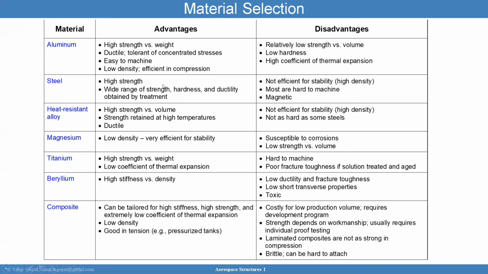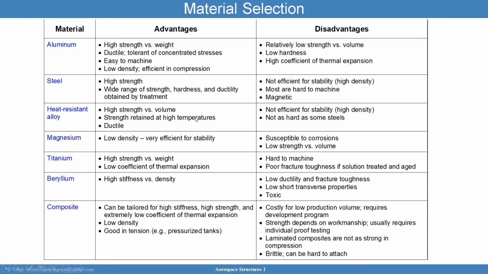Steel is high strength and has a wide range of strength, hardness, and ductility, so you can get it by different treatments. But the disadvantages are that it's not very efficient, it is hard to machine, and it is magnetic. There are also the heat-resistant alloys, which have high strength and high strength per volume.